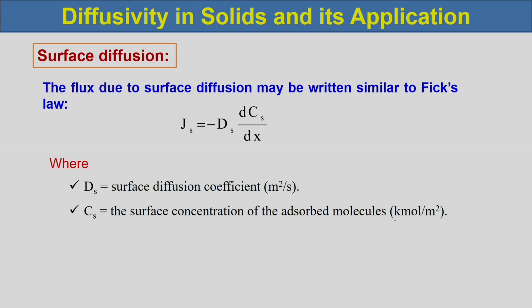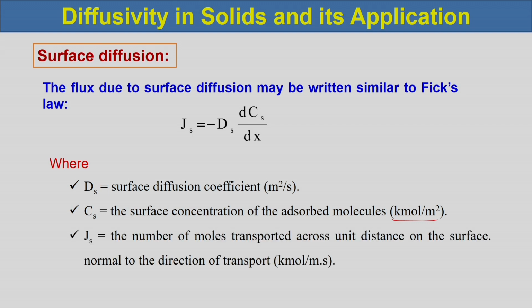So, please note that the bulk concentration we generally define by the unit of kilomole per meter cube, but surface concentration is defined by kilomole per meter square, that is, per unit surface area. So, J_s, the number of moles transported across unit distance on the surface normal to the direction of transport, is in the unit of kilomole per meter second.